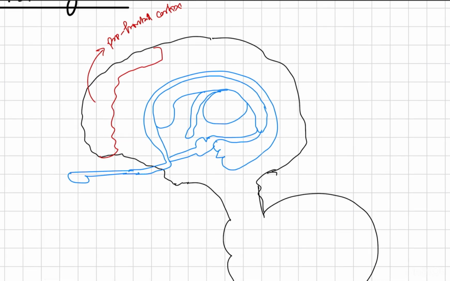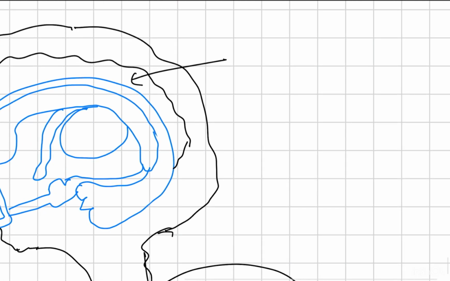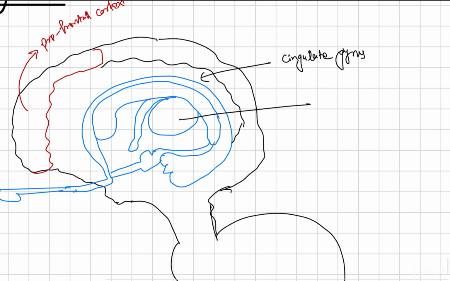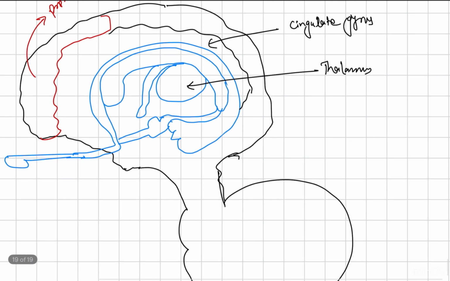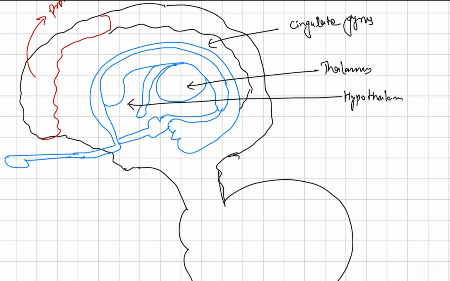So when we discuss, this region is called the cingulate gyrus. After this is the thalamus. Then after the thalamus, this portion is called the hypothalamus, inferior to the thalamus.